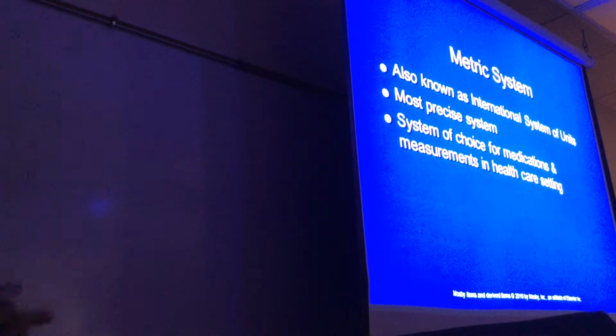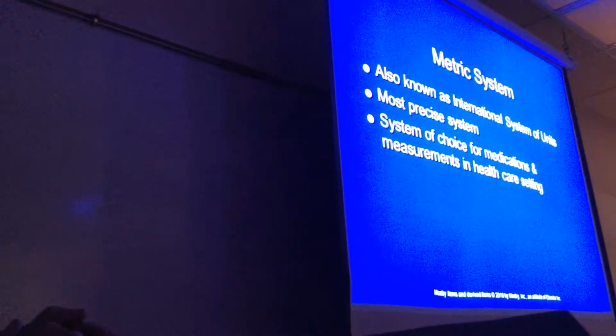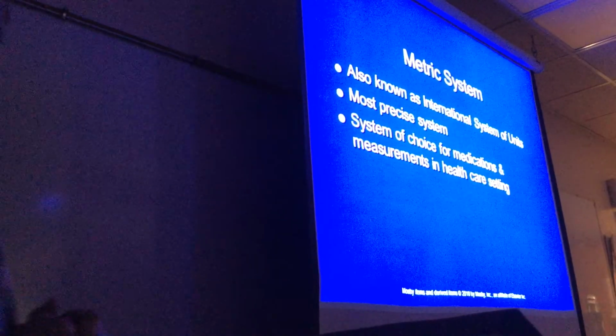Okay? The metric system is also known as the International System of Units and is the most precise. That is why we use it for medicine and all of those kinds of things, because it's a better calibrated measurement system of choice for medications and measurements in healthcare settings.